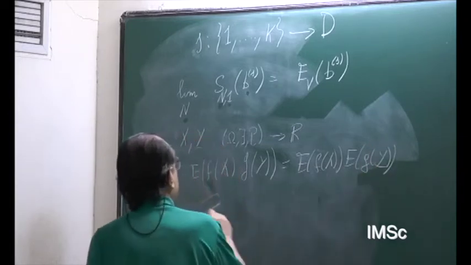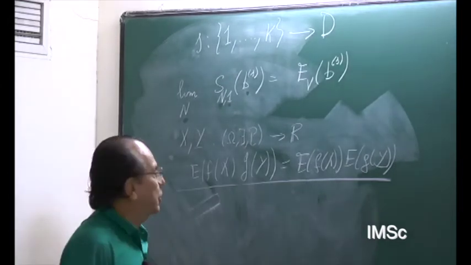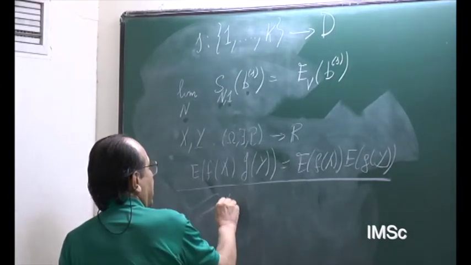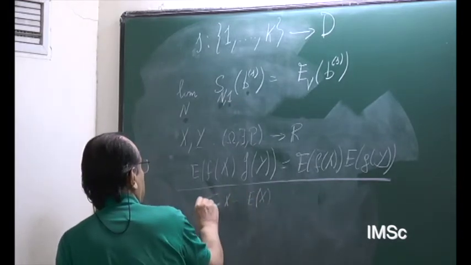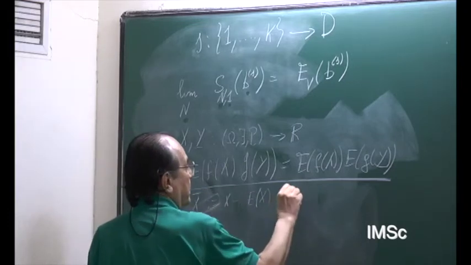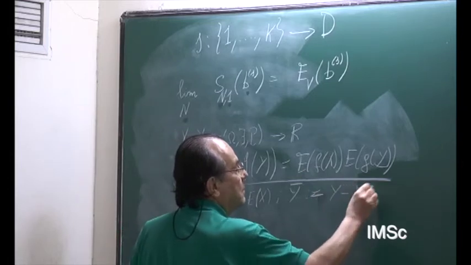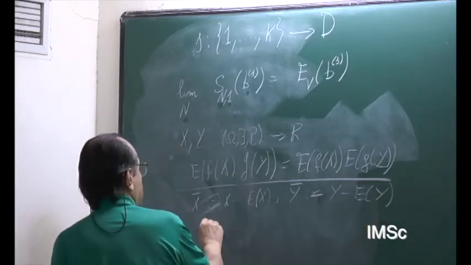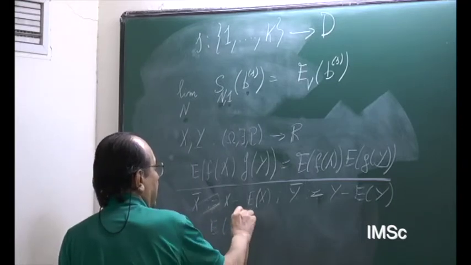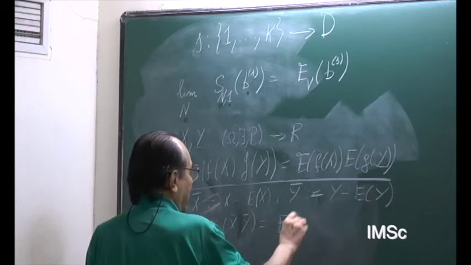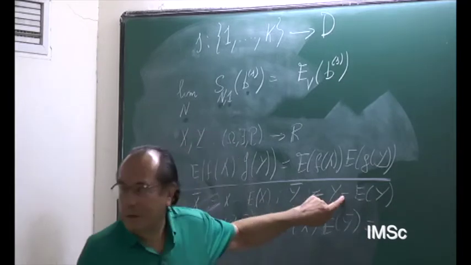This is the notion of classical independence. So in particular, this means that if I take x minus the mean value of x, this is by definition x bar, and y bar is by definition y minus the mean value of y, then I will have E[x bar y bar] equal to E[x bar] E[y bar], which by definition is 0.